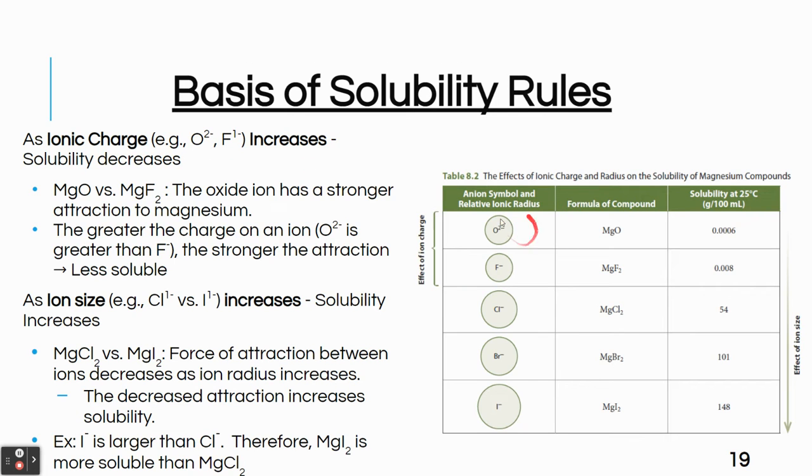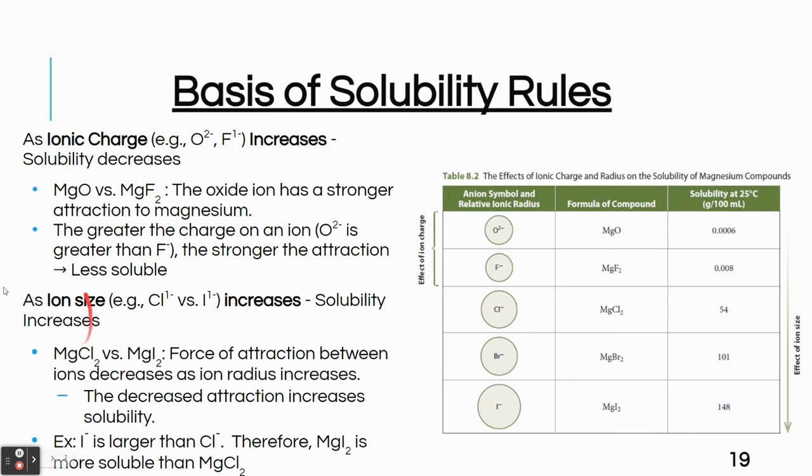And that's because if you have bigger charges, like in magnesium oxide, compared to this magnesium fluoride with just magnesium and 1 minus, the attraction between the ions will be stronger, and it'll be harder to separate the ions, and so water won't be able to dissolve it as easily. So when you have bigger charges, then in that case, you're going to have lower solubility. So that's one factor, the size of the charge.